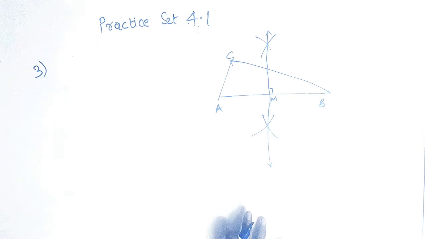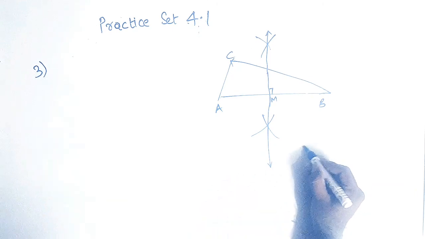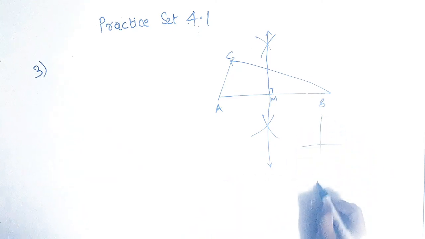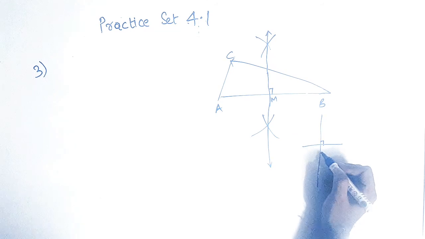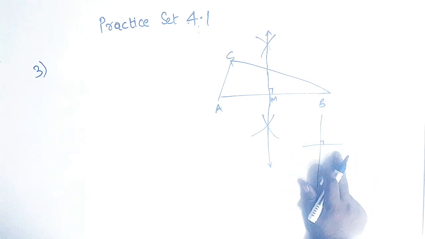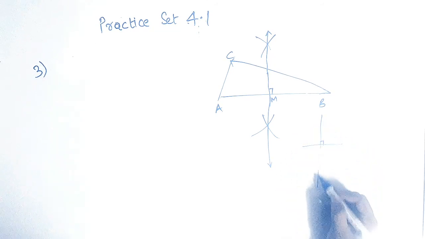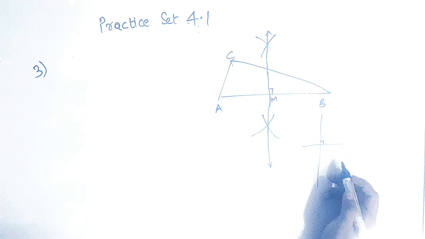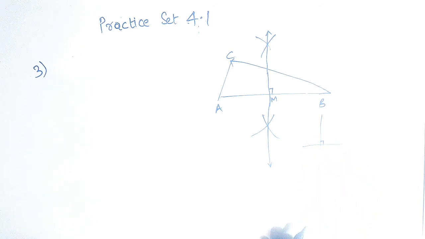One thing you have to remember is that a segment and its perpendicular bisector always make an exact plus sign. So we'll start. We are here to draw the medians.